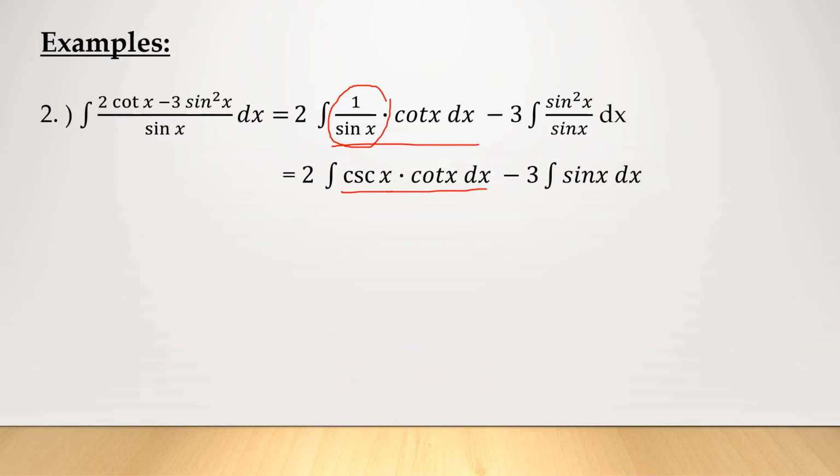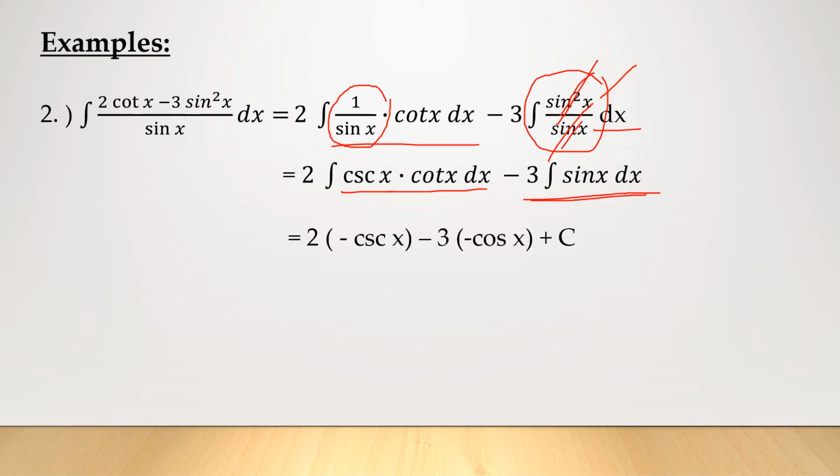And this one, we can simplify since we have two sine x in the numerator and one in the denominator, so we can eliminate one. So sine x is what remains.